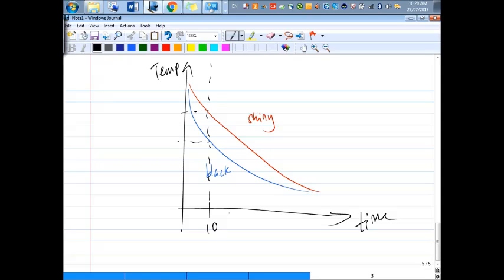Let us try for maybe time equals 30. At time equals 30 seconds, the temperature for the black tin is still lower than the temperature for the shiny tin. So based on the graph, we conclude that the black tin emits heat at a higher rate compared to a shiny tin. Understand what this experiment shows? Then at the end, they all reach the same temperature. What do you think this temperature is?